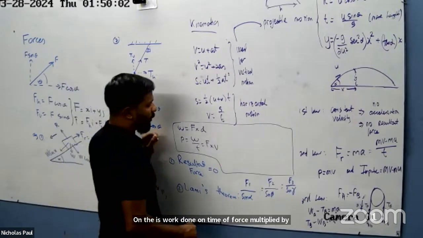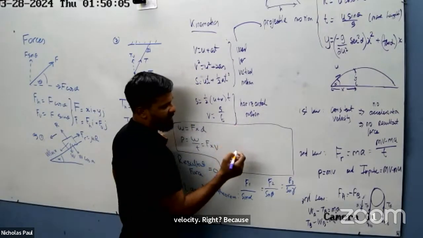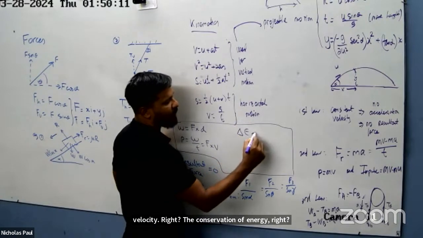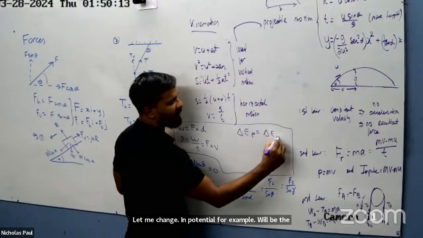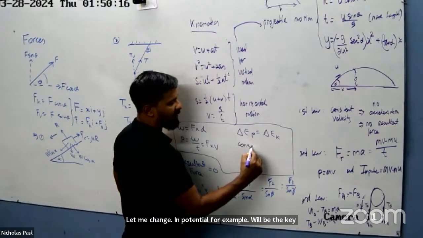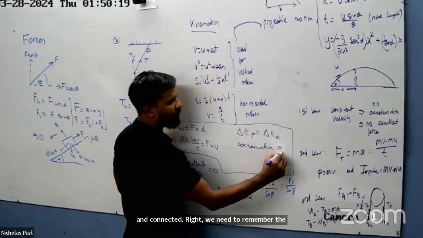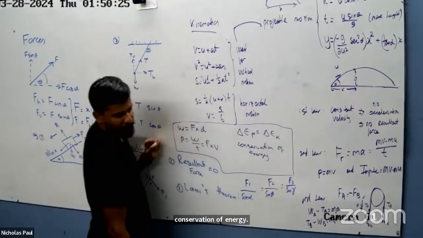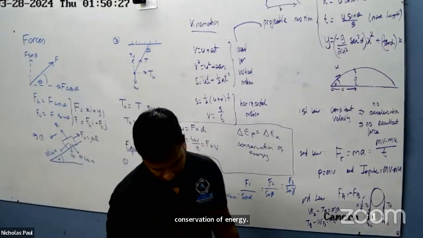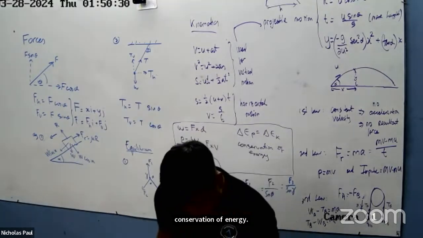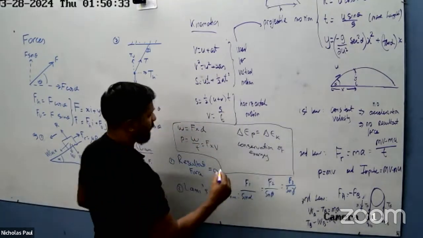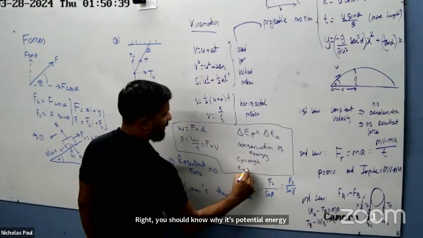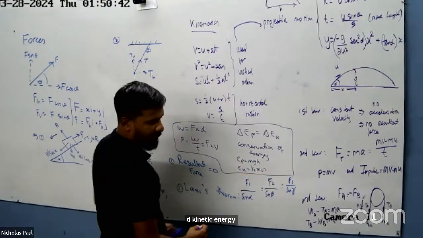We also have to remember the conservation of energy, so the change in potential, for example, will be the gain in kinetic. You should know what potential energy is, mgh, and kinetic energy, a half mv squared.